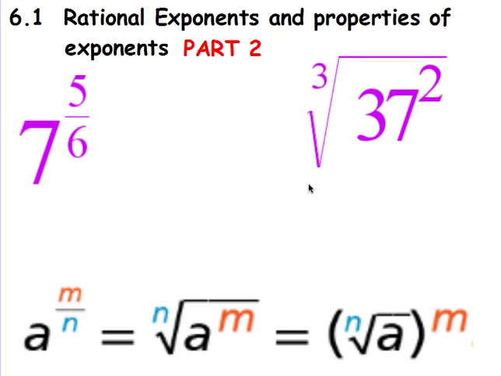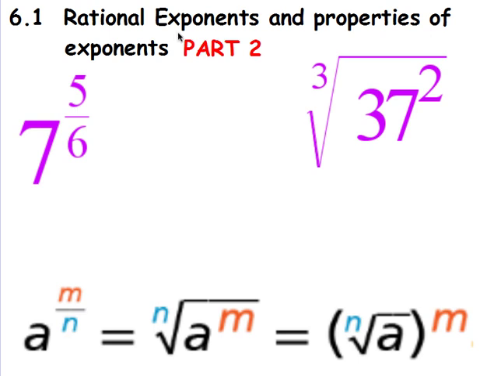So let's get it. First thing I want to do is a quick recap of changing an exponent with a fraction in it into a square root, cube root, quad root, fifth root, anything like that, and changing any of our roots back to exponent form.